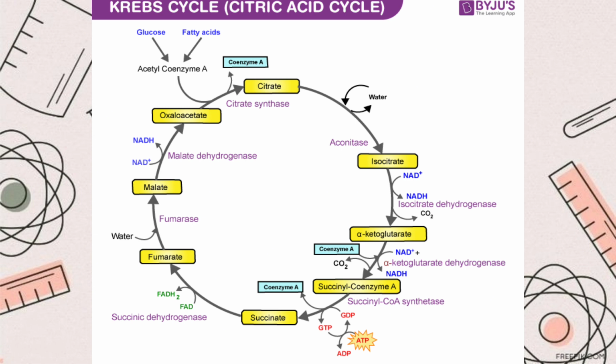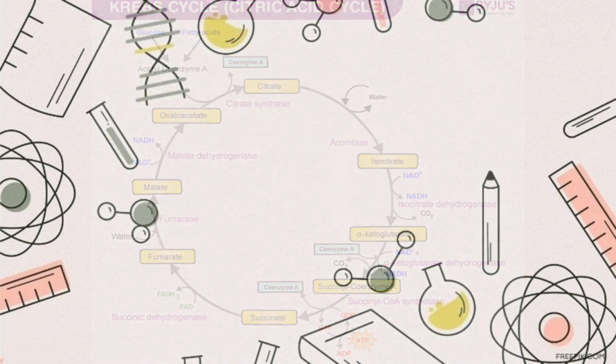For step 6 of the Krebs cycle, succinate is converted into fumarate and a molecule of FADH2 is produced. For step 7, fumarate is converted to malate, which is another 4-carbon molecule. For the last step of the Krebs cycle, malate is then converted into oxaloacetate, and a third molecule of NADH is also produced.